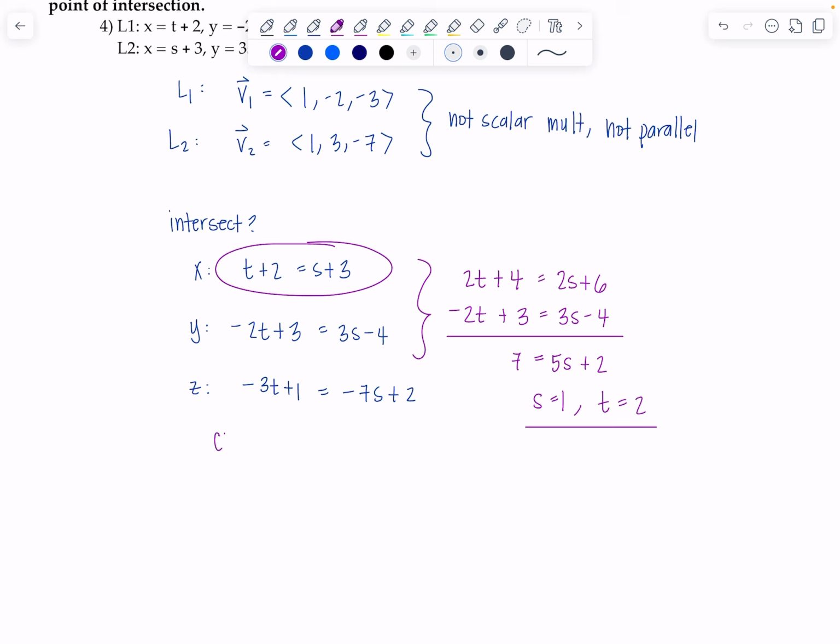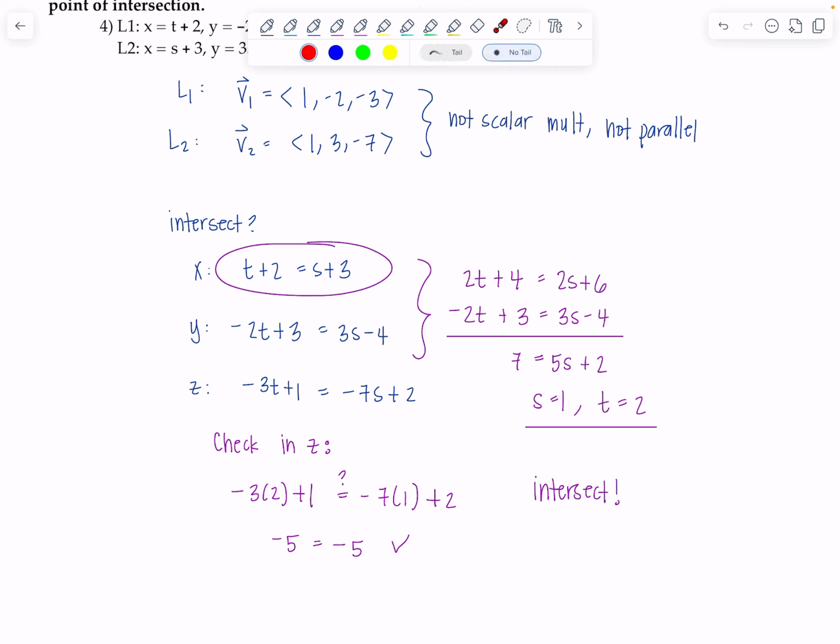Let me check now if they work in the equation for z. So negative 3 times 2 plus 1, does that equal negative 7 times 1 plus 2? Negative 6 plus 1, it does. So that means, yes, the two lines indeed intersect. Now I need to actually find the ordered triple. It's up to you. You could take t equals 2 and plug it in, or s equals 1 and plug it in.